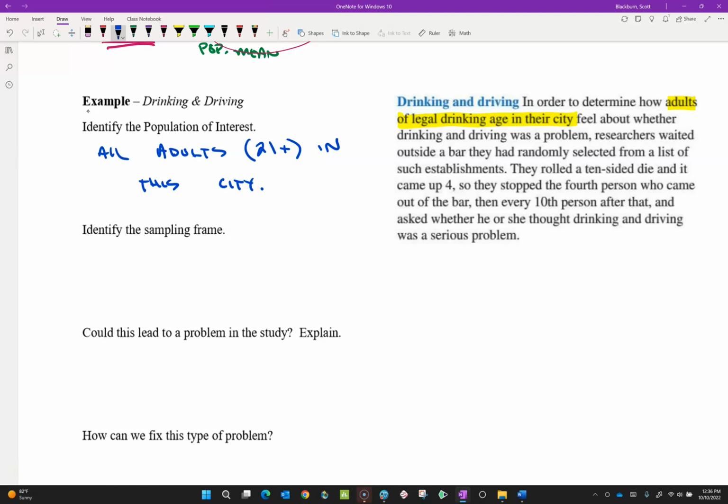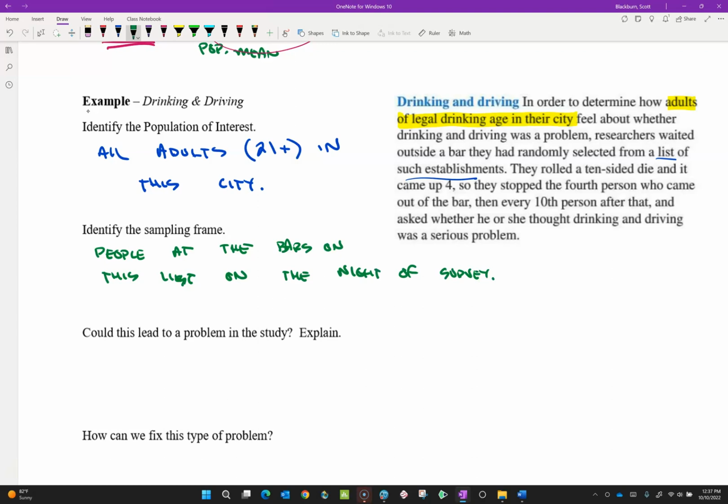The sampling frame is who could have been selected. So they had a list of such establishments. So this would be the people at the bars on this list on the night of the survey.